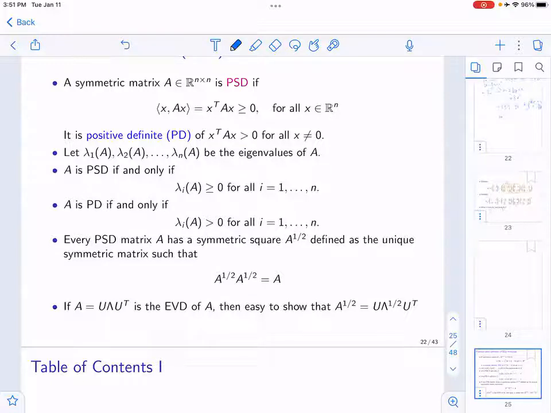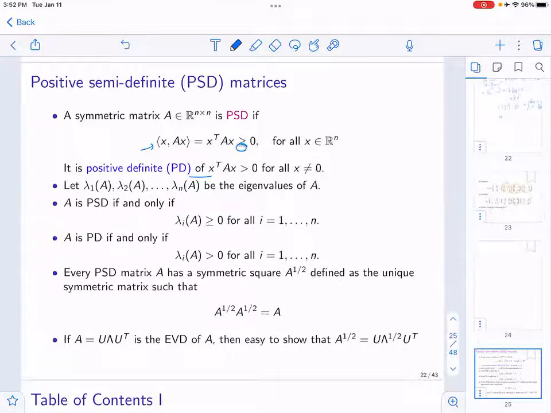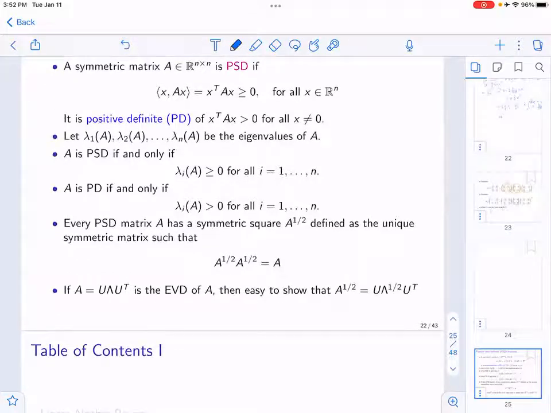So this is a property of symmetric matrices, and this is the definition of positive definiteness. Semi-definite means you allow equality here. Definite means it's strict unless x is 0, which is trivially 0 in that case. So this is the definition.